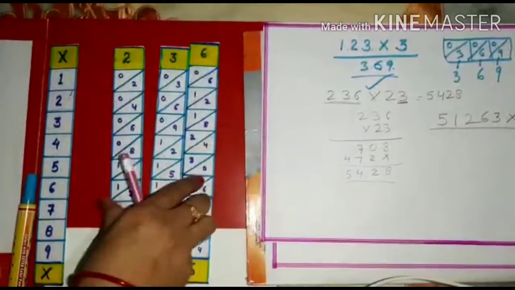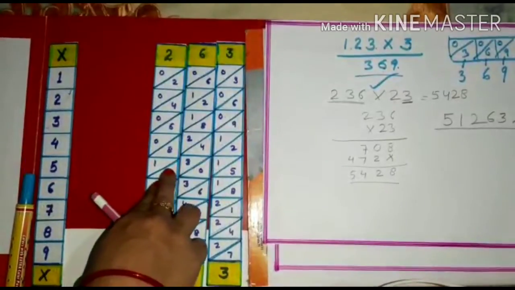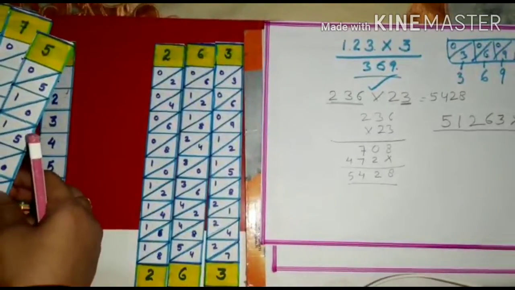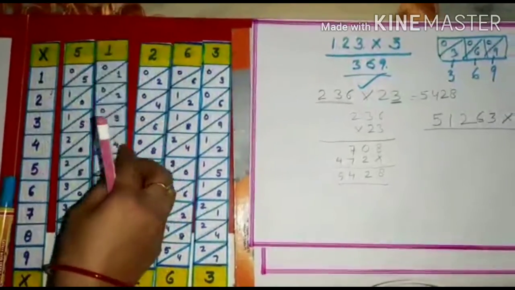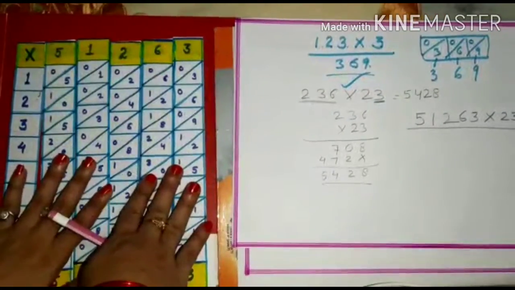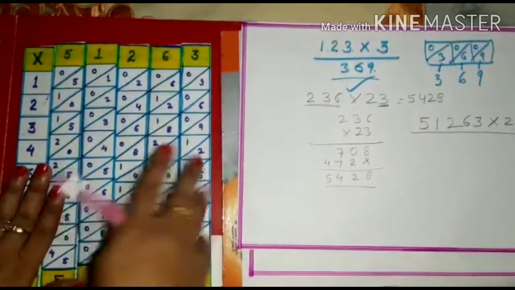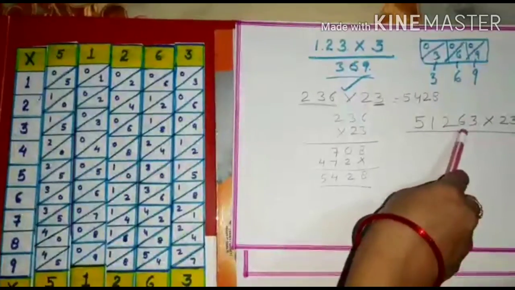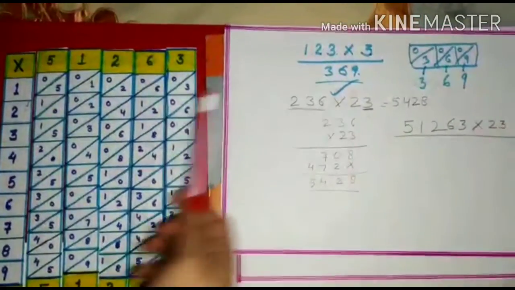Let's make a little space. We have 2, 3, 6 here. 5, 1, 2, 6, 3. Let's multiply by 3 first.